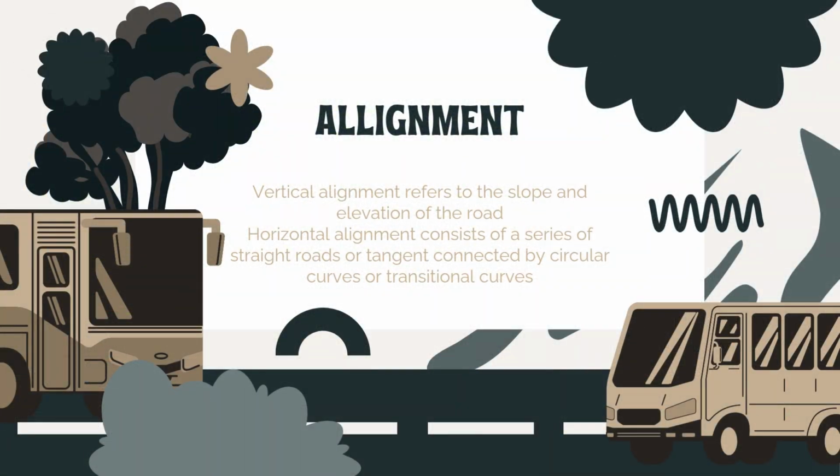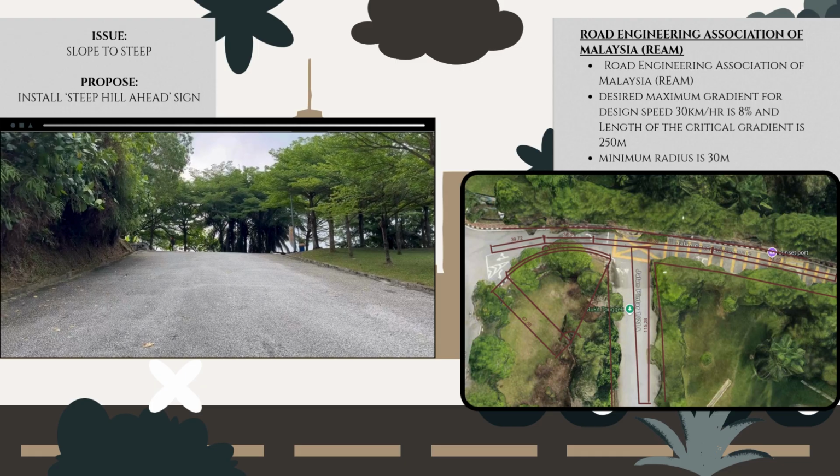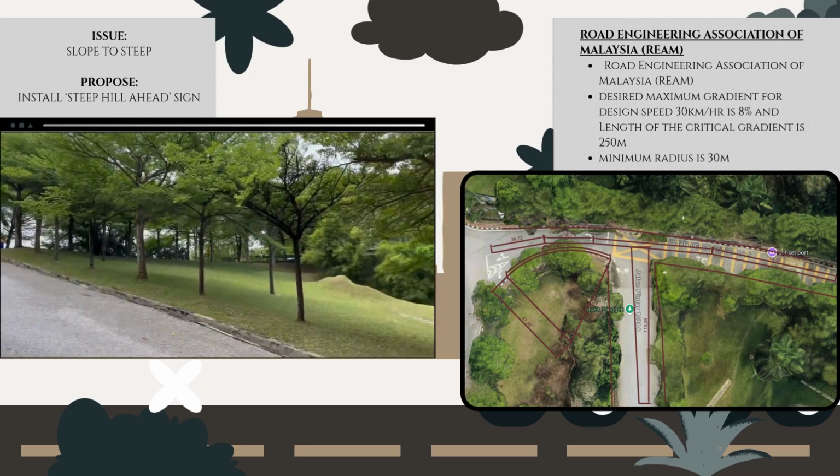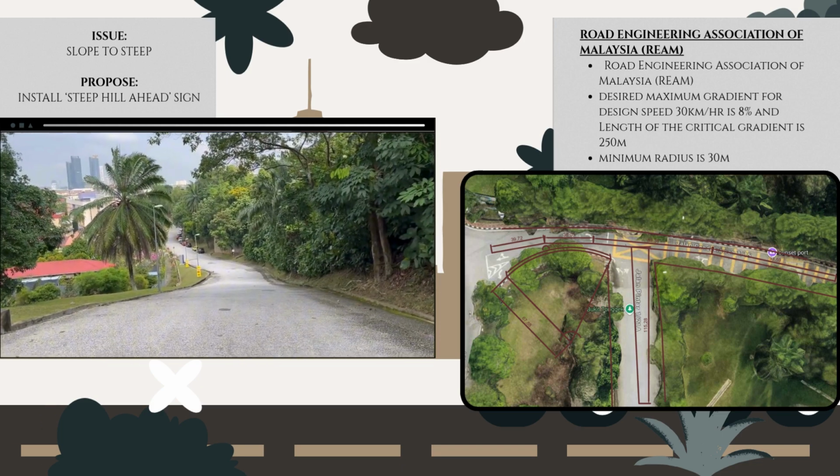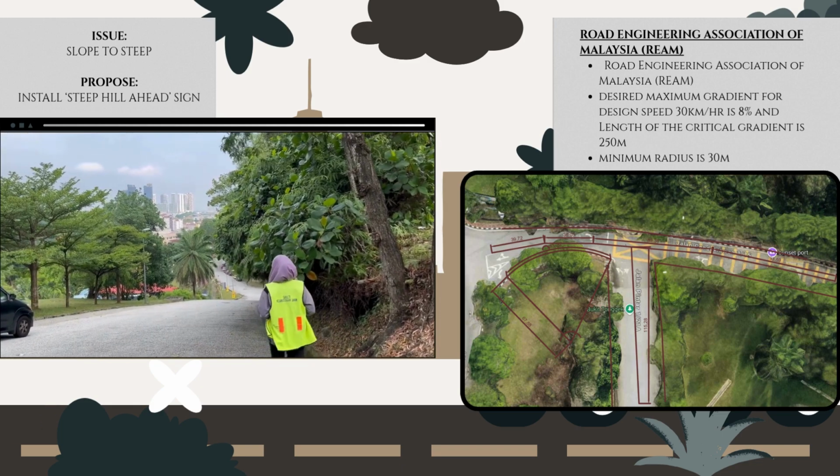Next, the design element we observe at the intersection is alignment. Vertical alignment refers to the slope and elevation of the road, while horizontal alignment consists of a series of straight roads or tangents connected by circular curves or transitional curves. In our study area, we noticed that the slope is too steep, where our observation shows that the radius is 8 meter with the angle of 70 degree.